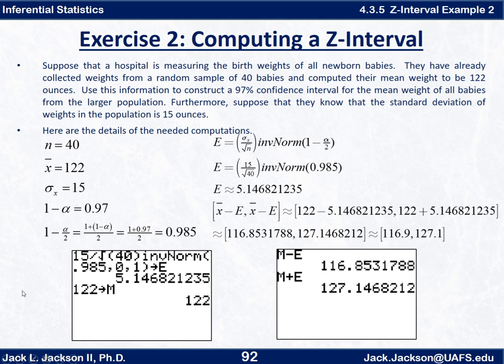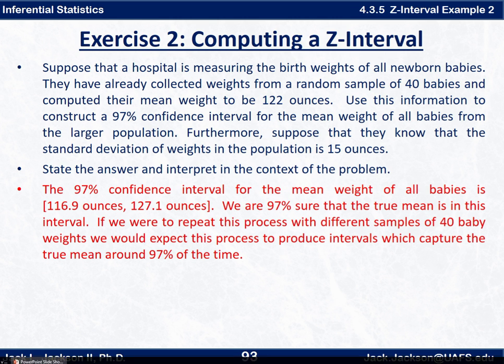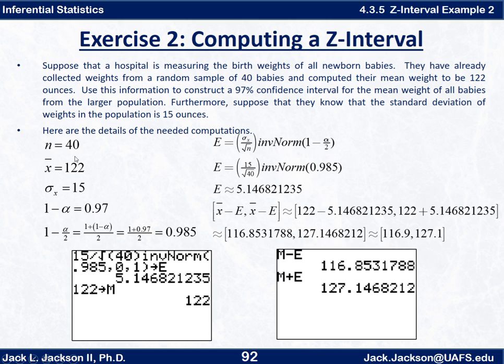All right, here are all the computations. So let's see what we got. N, the random sample of 40 babies, so n, the sample size, is 40. The mean weight of the sample was 122 ounces, so x bar is 122. The standard deviation of the weights in the population is 15 ounces, so the standard deviation of the x's, sigma sub x, is 15.